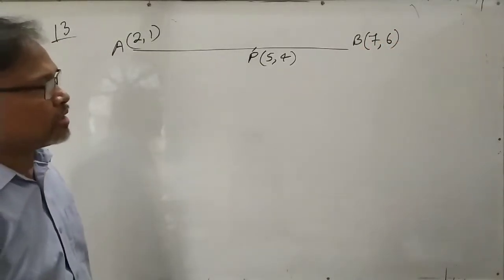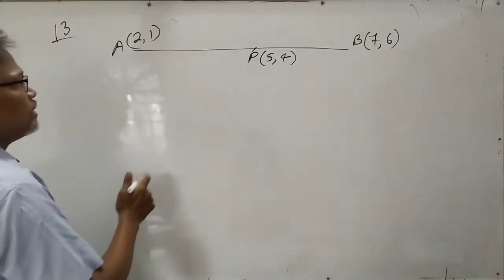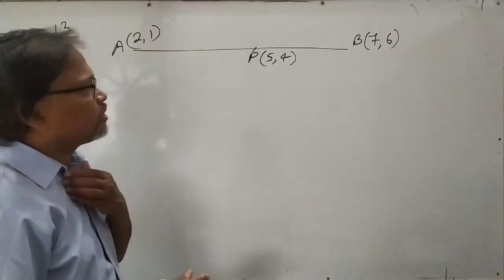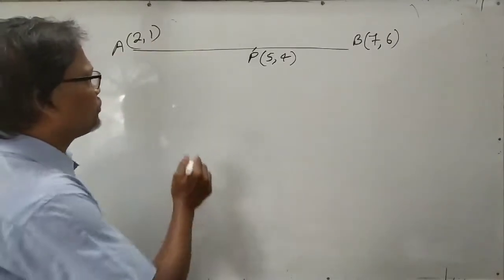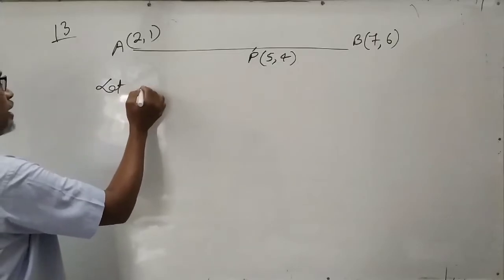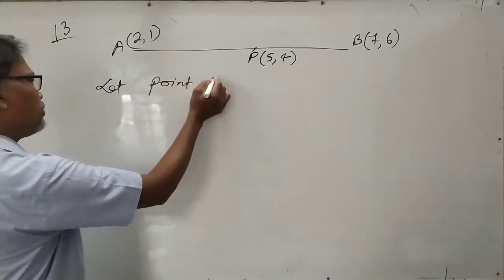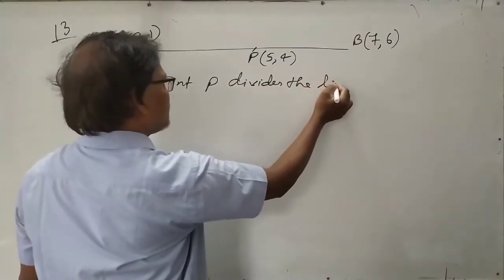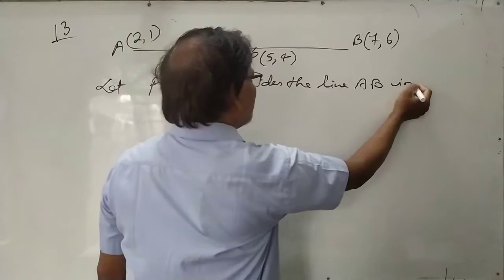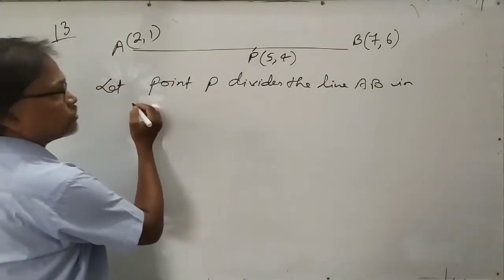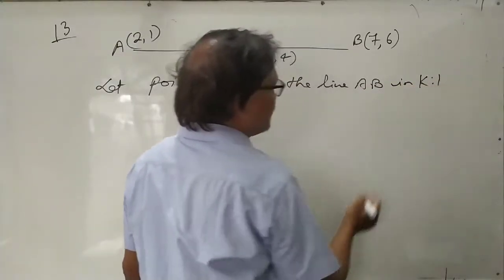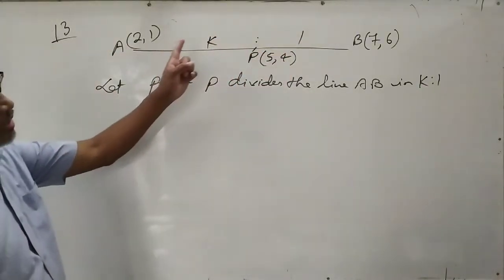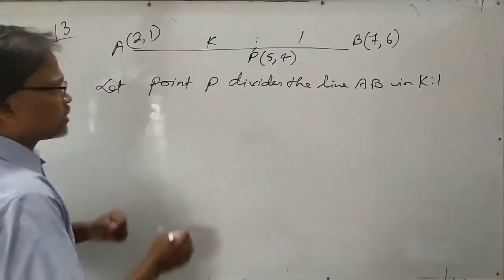Always, if you draw the figure, that will be easy. As I told in the first video, if you want to find the ratio, let point P divide the line AB in the ratio K is to 1. So write K here and ratio 1.